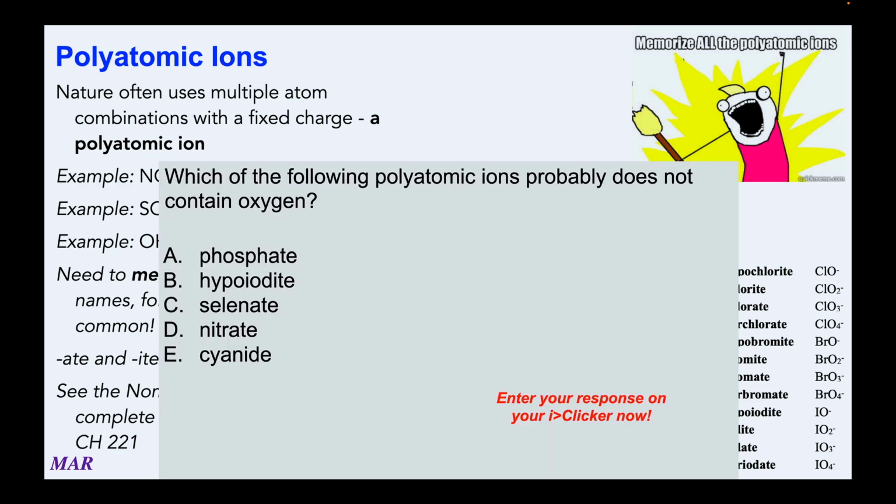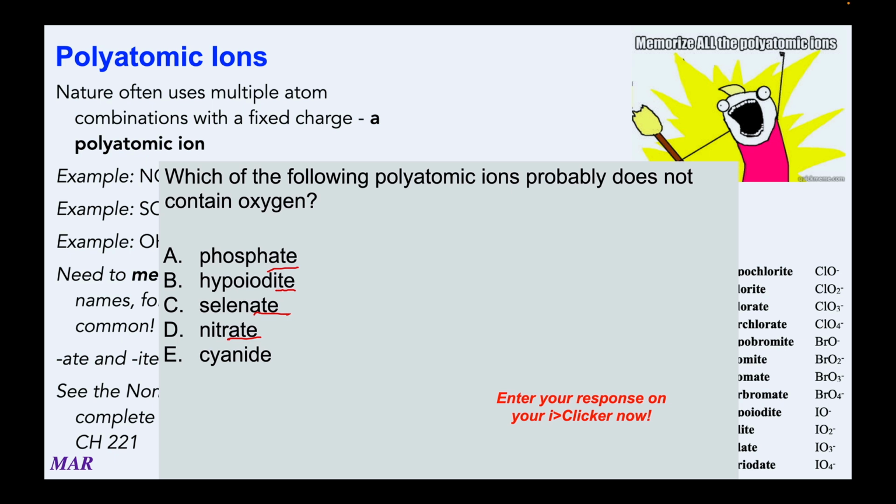So which of these polyatomic ions probably does not contain oxygen? Here's another kind of hint that I can give you. When it comes to those polyatomic names, a lot of them have ATE and ITE endings. And anytime you see ATE or ITE, those almost always mean oxygen.